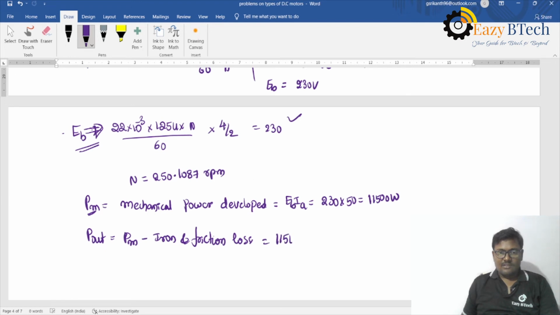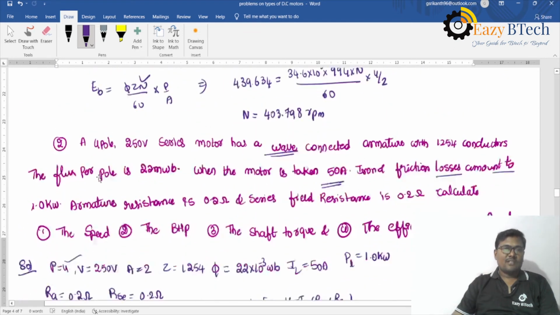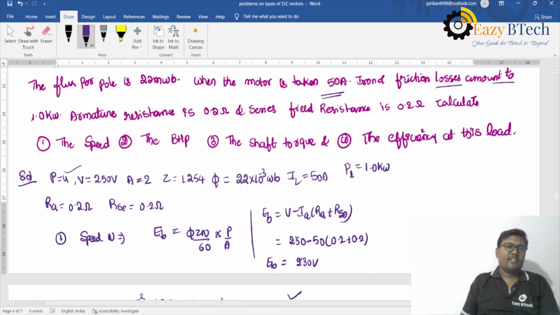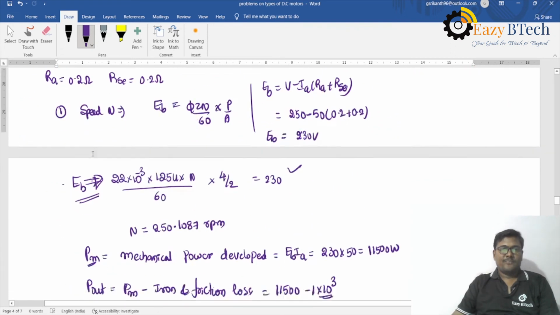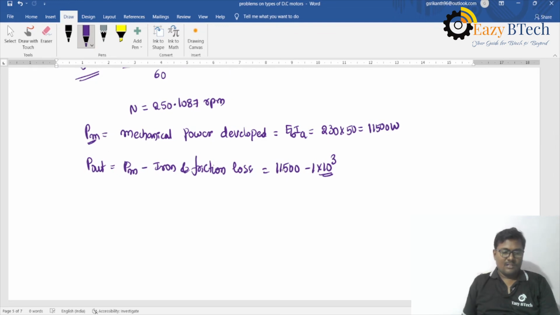So 11,500 minus 1 into 10 to the power of 3, because iron and friction losses is given as 1.0 kilowatts. Then finally I get it as 10,500 watts.